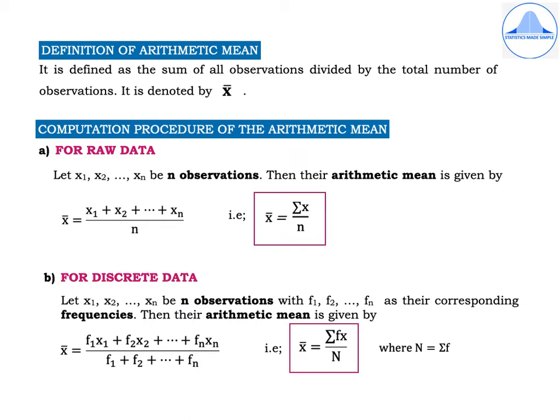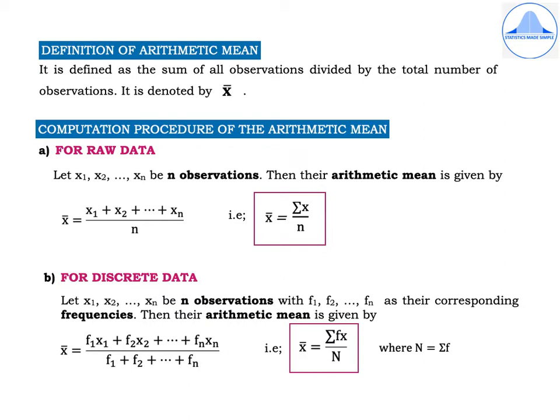Then their arithmetic mean is given by x bar equal to x1 plus x2 plus so on plus xn divided by n, or the numerator can be written as summation x, and hence the arithmetic mean formula for raw data will be x bar equal to summation x divided by small n, where again n stands for the number of values which are given.